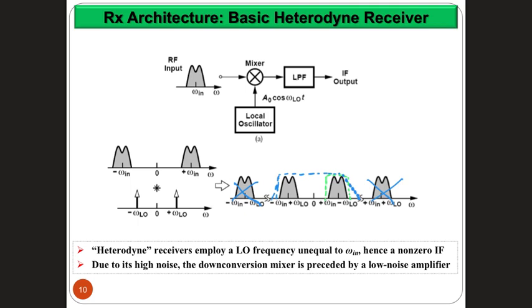Now, typically, the down conversion mixer in these designs is preceded by a low noise amplifier, so that the signal is brought up so that it can compete with the noise generated by the mixer. Mixers are, generally speaking, noisy elements in transceivers, and we'll see later one of the reasons why they are noisy elements.